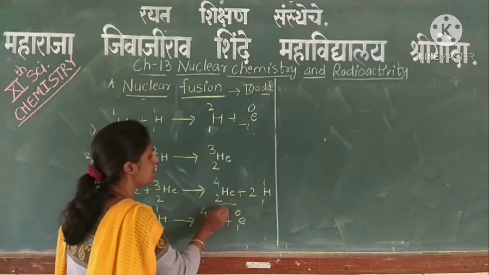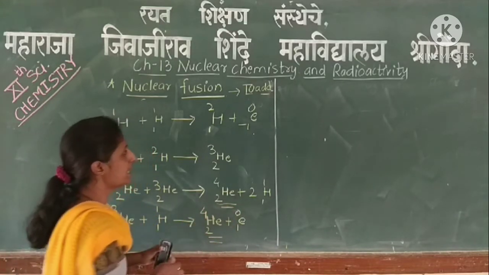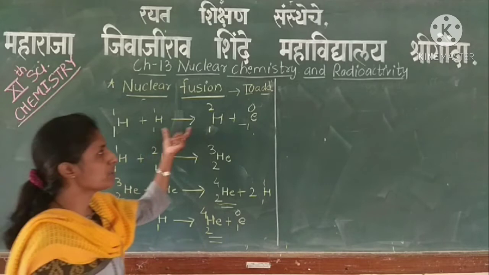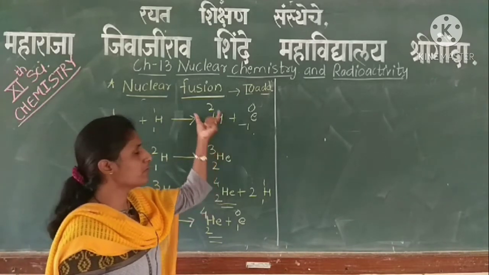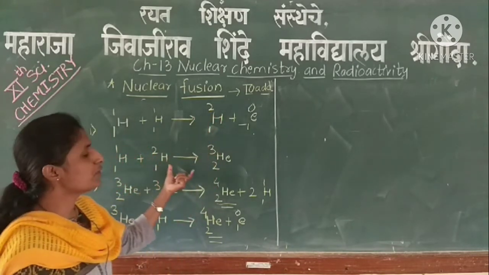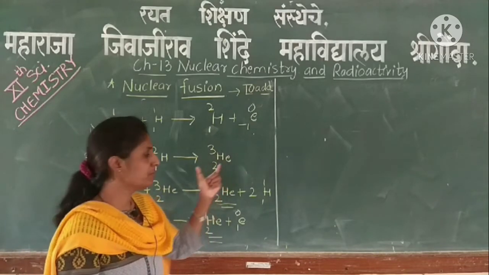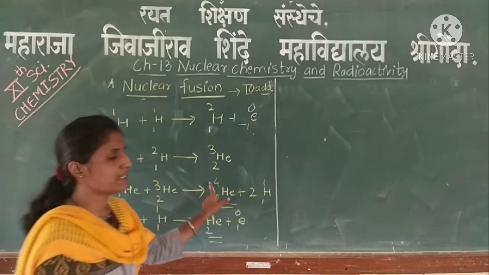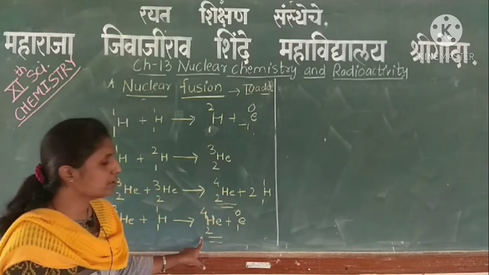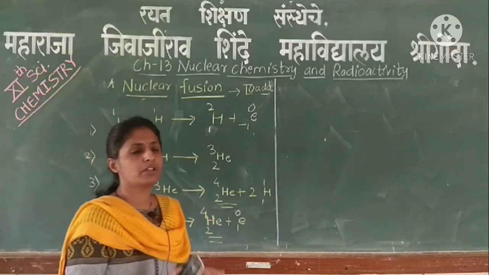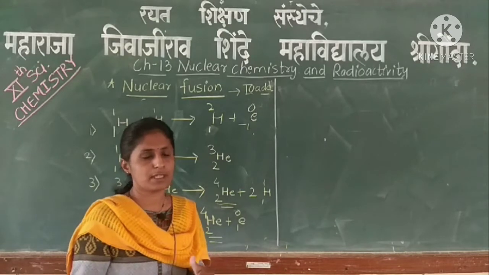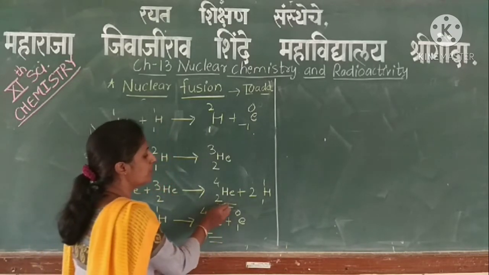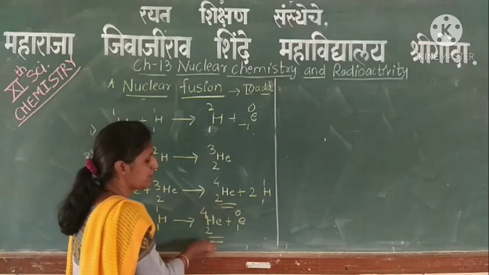So this is the main reaction. Hydrogen combines to give you hydrogen with mass number 2. This further combines to give you helium, and then these two helium combine to give you helium of mass number 4. So the energy or the light which you receive from the sun is made basically due to the formation of helium.